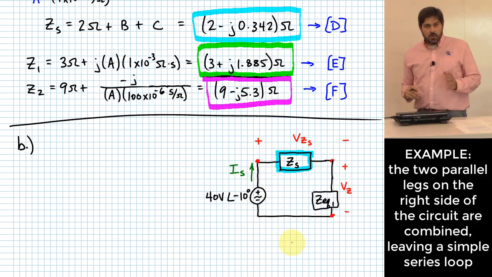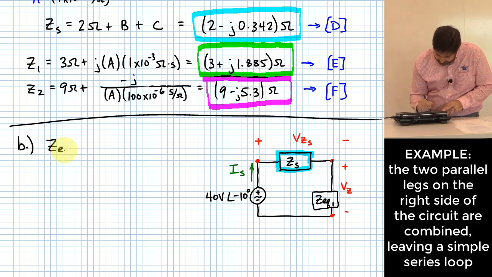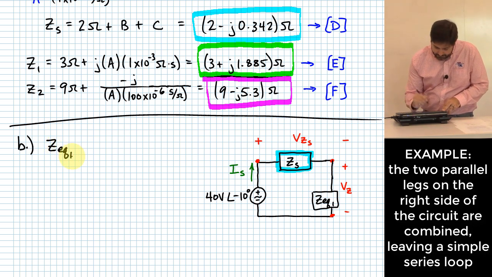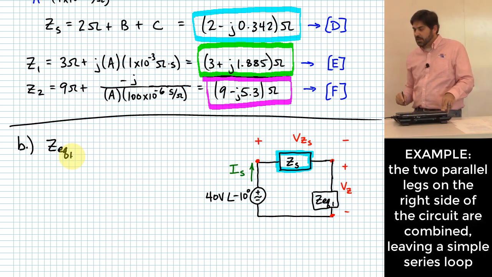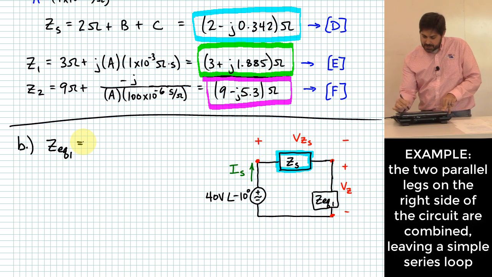Right? What do you think might be helpful for us to find IS? How about ZEQ1? How do I find ZEQ1? Okay. You'll notice that the two things I collapsed were basically this value I have stored in E that was in parallel with the value that I have stored in F, right? Z1 was in parallel with Z2. We collapsed those down.